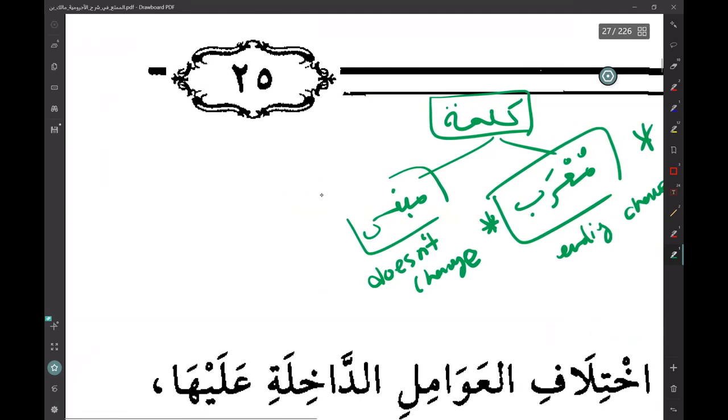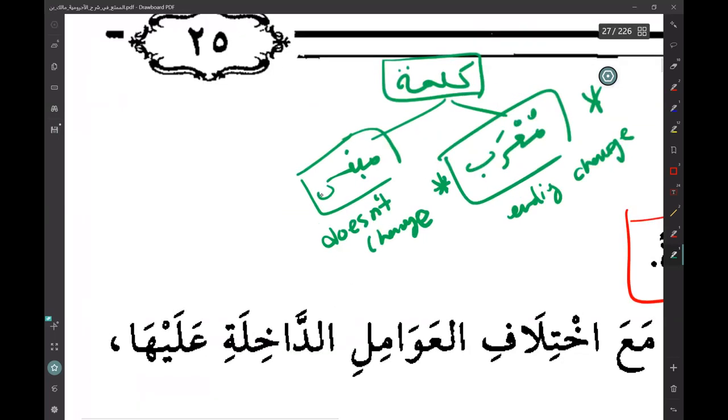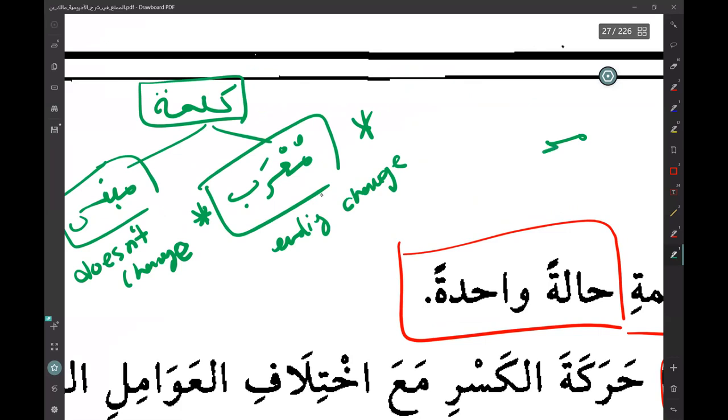But the mabni, quickly I want to explain, it doesn't change, but the grammarian also wants to identify a few things. They will have this concept of what it's ending on. For example, when you say mu'rab, we have Muhammadun, it's ending on dhamma, so we can say it has a dhamma because it is fa'il.